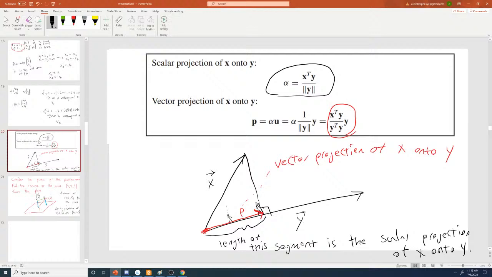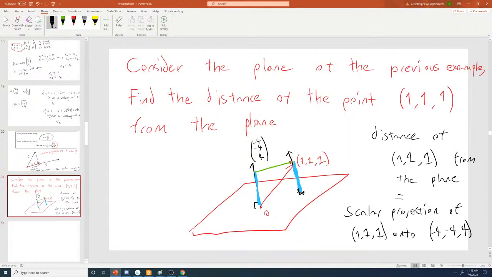We take this formula right here and we set our vector x to be the vector -4, -4, 4. We set our vector y to be the vector from 0 to the point 1, 1, 1. So y will just be 1, 1, 1.